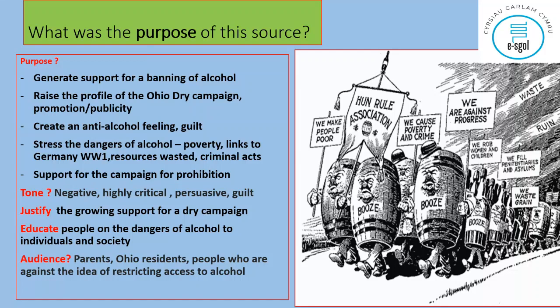People are boozing, drinking, they should feel guilty of it. The purpose is to show the dangers of alcohol. It leads to poverty. The link to the German brewers, hence the word Hun. Resources wasting, criminal acts, violence, for example.